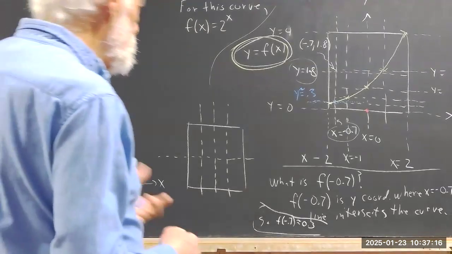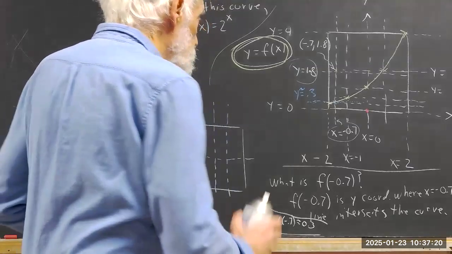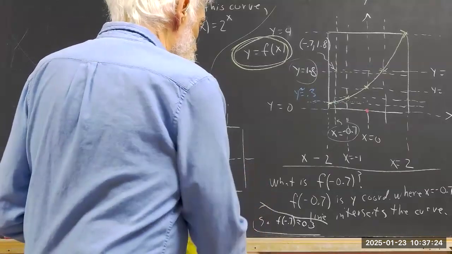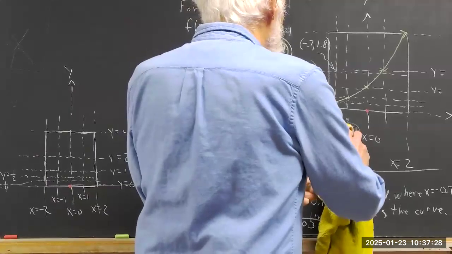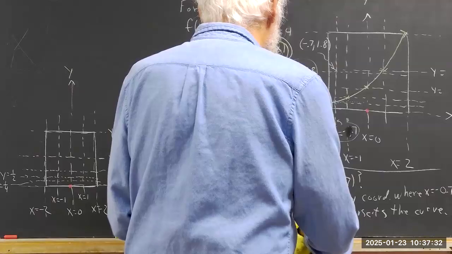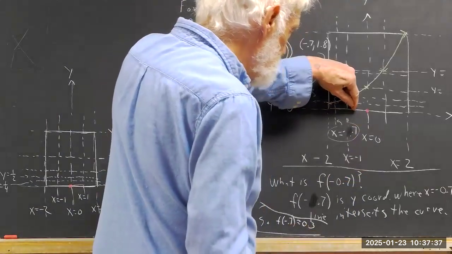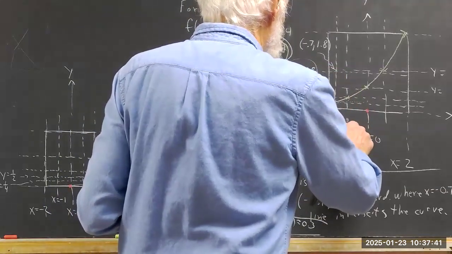I said x is negative 0.7. I put that 0 in there, and that was really dumb. That probably caused people some confusion. So if you're confused, it's just because I'm confused. It's obviously not 0.7, which would be between 0 and 1; negative 1 is to the left. It's negative 1.7.